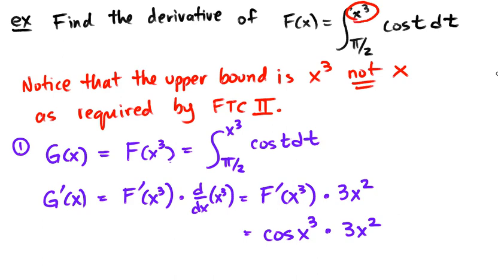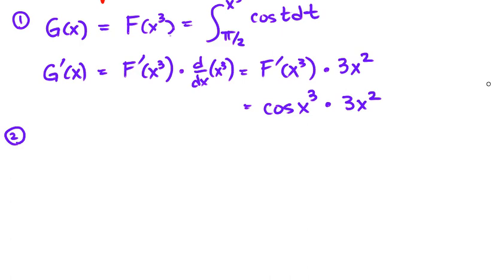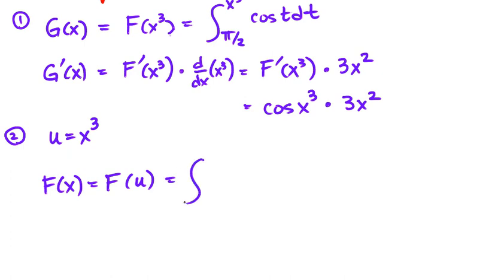Another way to do this same question is using another trick. It's very similar to this first method, which is basically the chain rule, and it's called substitution. So let's take a look at that. If you make the x cubed a new variable called u, then your f of x is the same as f of u, which is from pi over 2 to u of cos t dt.